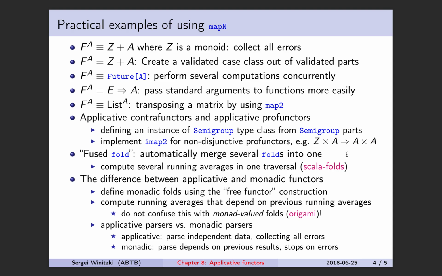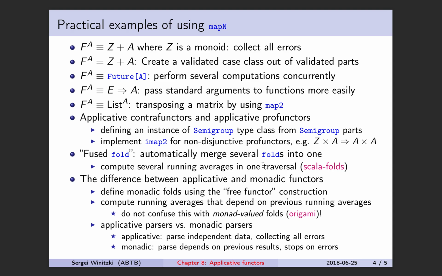So with this understood, let us now consider an interesting practical case where we can use this knowledge and actually make code simpler. And this case is the so-called fusion for fold. The idea is that fold is a computation that iterates typically over a container. And if you need to iterate several times and then do a computation on the results, that's kind of wasteful.